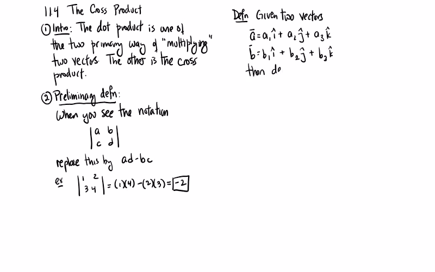Then we'll define the cross product, also sometimes known as the vector product. The reason for this, of course, is that it's going to give us a vector.